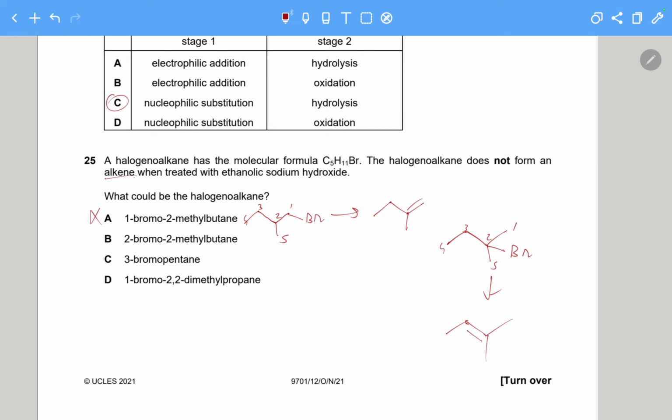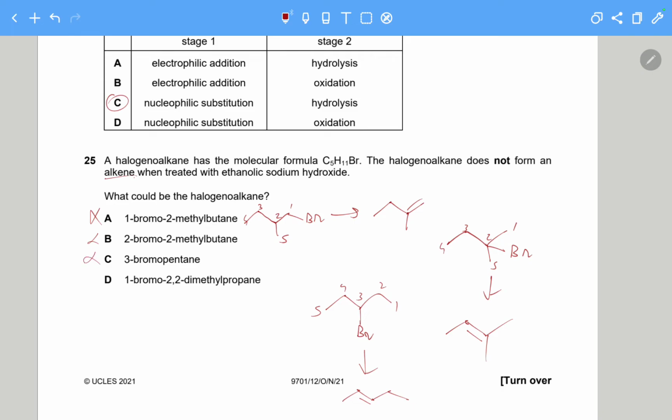So this can give this alkene, and therefore this is not possible. And then option C, 3-bromopentane. 3-bromopentane would be 1, 2, 3, 4, 5. This is 3-bromopentane. It can also give elimination products like this one.